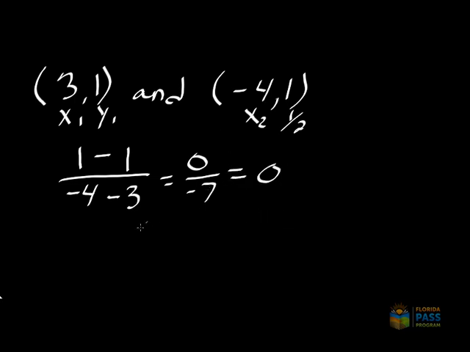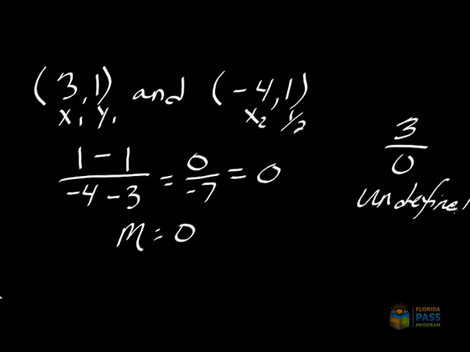Always remember, anytime 0 is at the top of the fraction, the answer is 0. If 0 is at the bottom of the fraction, such as 3 divided by 0, the answer is undefined. Make sure you remember this. If 0's at the top of the fraction, the answer is 0. If 0's at the bottom of the fraction, the answer is undefined.